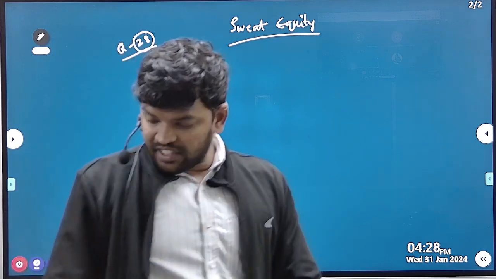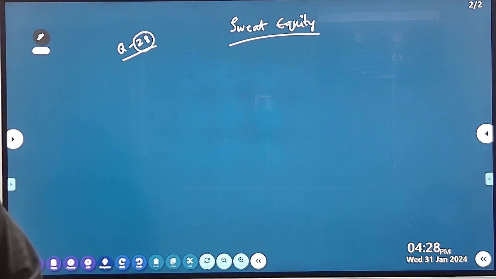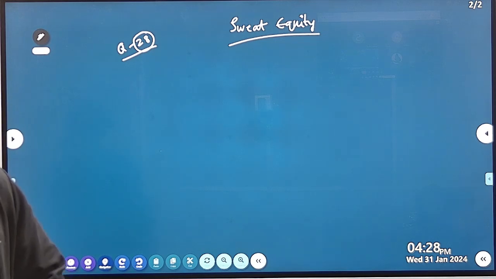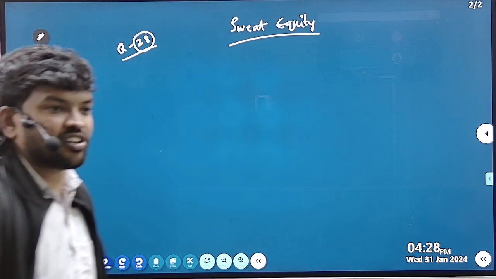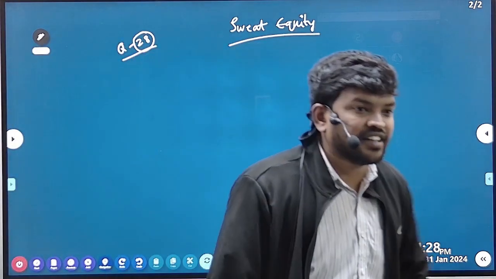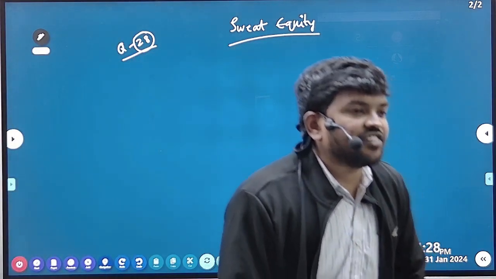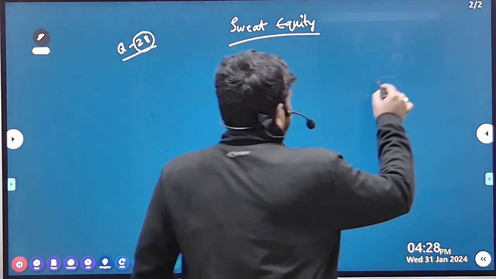In the first question, how many shares are being allotted? 500 at a discount of 6 rupees. So at what price are they allotted? 94. Very good, 94 is the price.